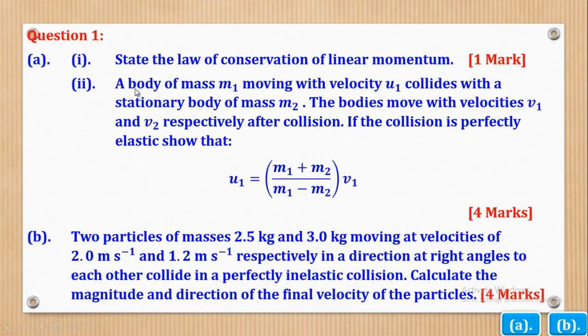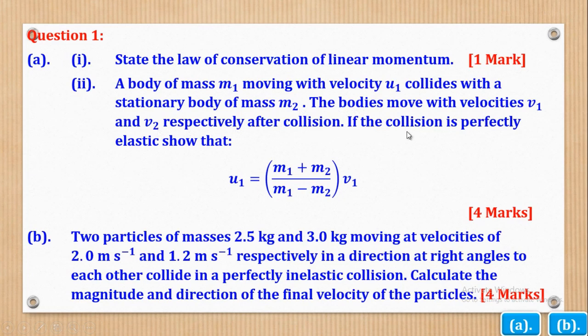Roman 2 says, a body of mass m1 moving with a velocity u1 collides with a stationary body of mass m2. The bodies move with velocities v1 and v2 respectively after collision.